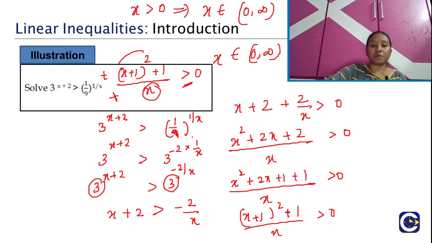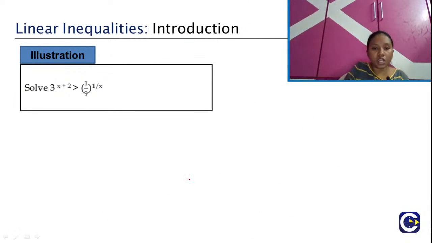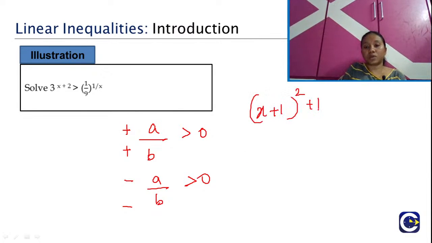So how have we obtained and solved this? Let me show you a standard thing. Suppose we have a fraction a by b which is greater than 0. What are the possible cases? Both can be positive, or both can be negative. In the previous case we have (x + 1)² + 1 by x greater than 0.